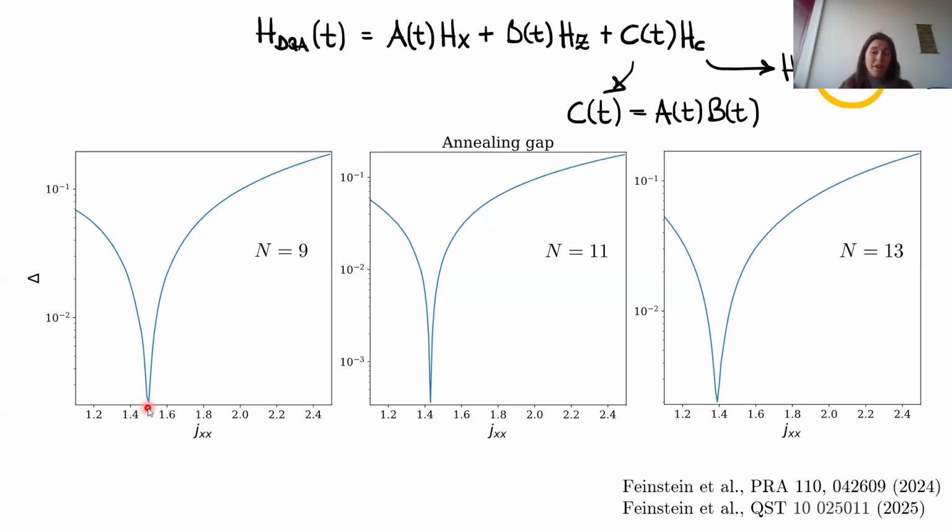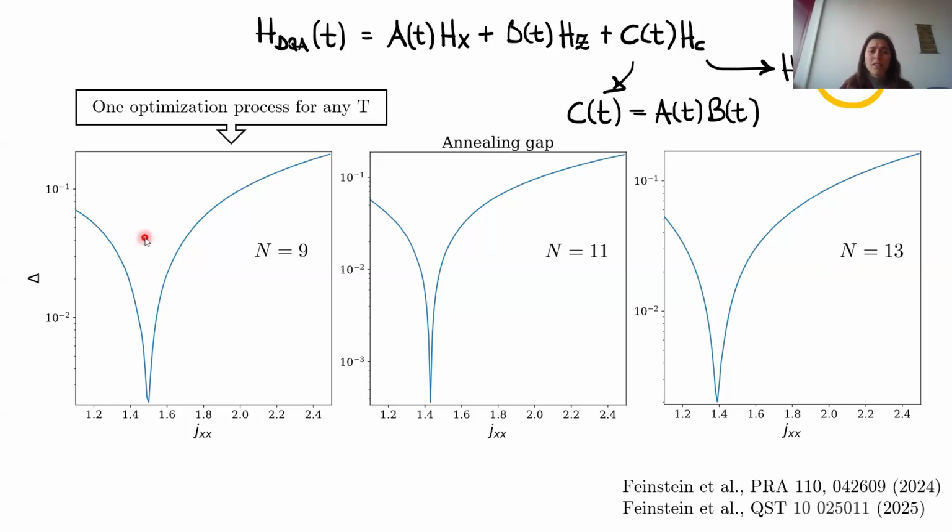That's why we have to carry out a fine-tuning of this parameter, which also depends on the size of the system that we consider. But the good news is that once we do the optimization for a fixed system size, we can keep this optimal value for any choice of final annealing time.